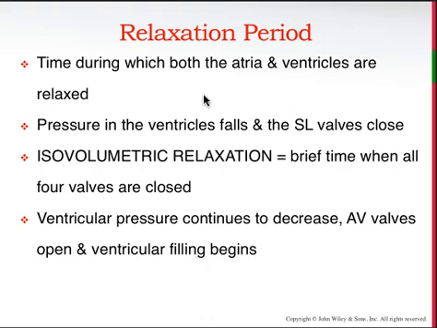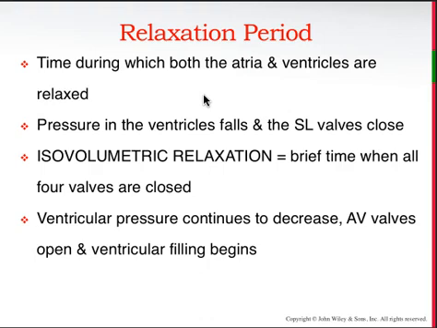As the heart beats faster and faster, say with exercise, the relaxation period, that time when both atria and ventricles are quiescent, decreases. It gets shorter. Interestingly enough, the duration of systole and diastole only shortens slightly.